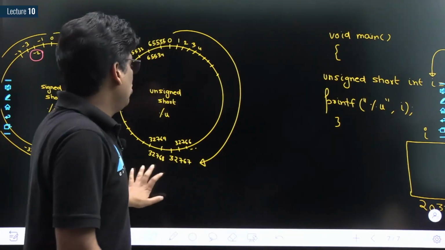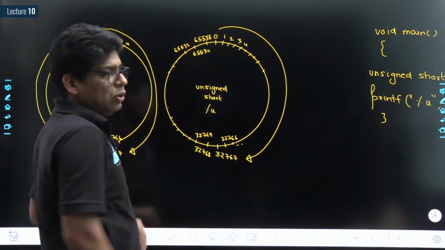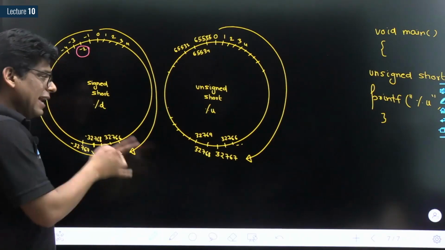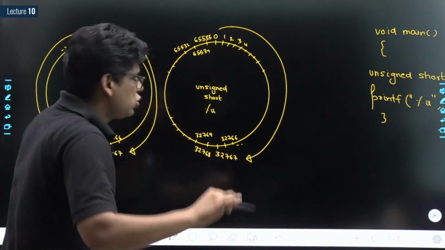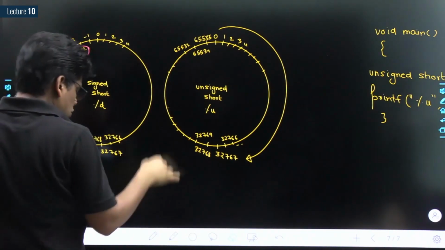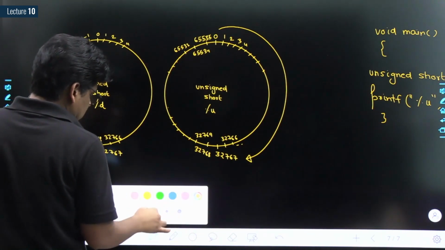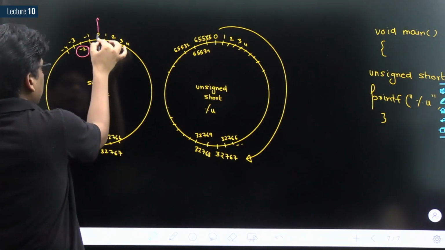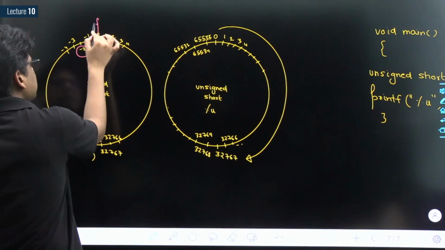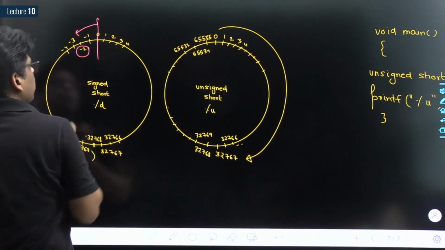Sir, look at these two diagrams. Sir, these are equivalent. What we need to store? We need to store minus 2. That means, sir, from here, how many positions should we move ahead in anti-clockwise direction? 1 and 2. Okay.